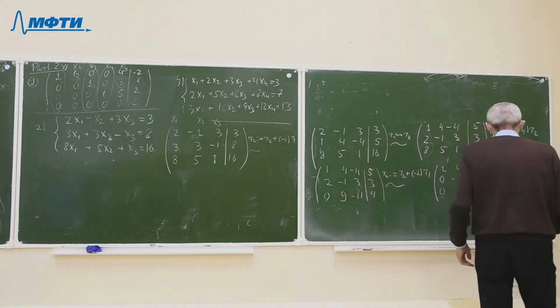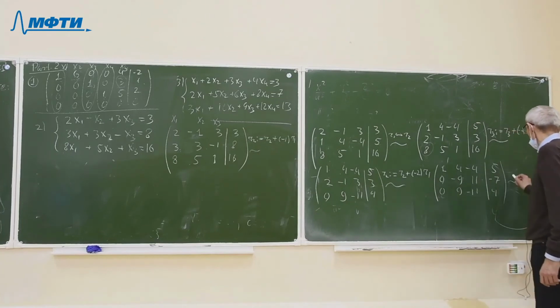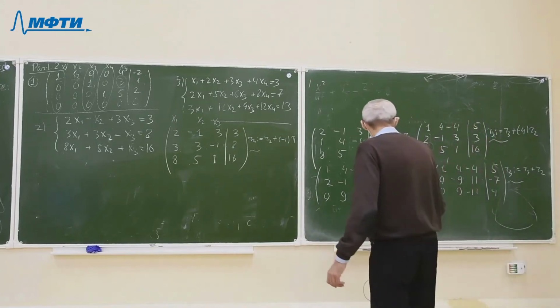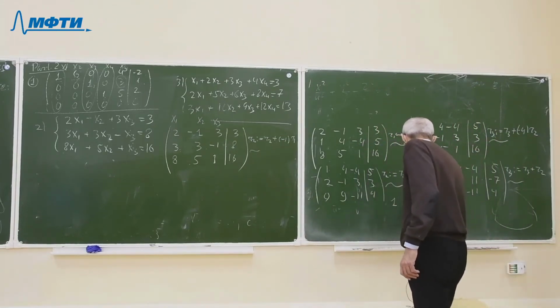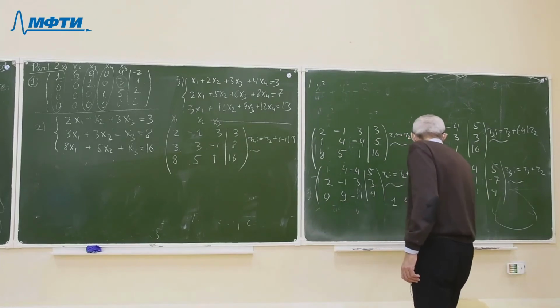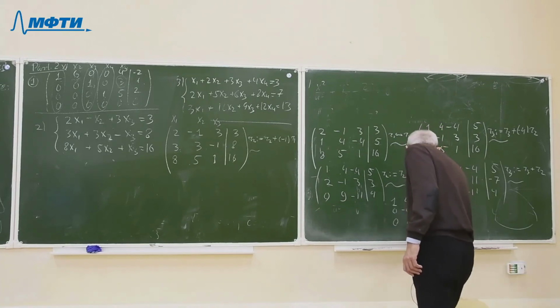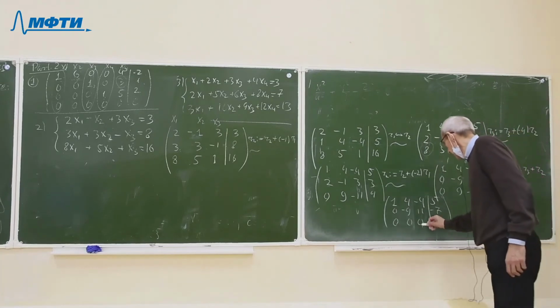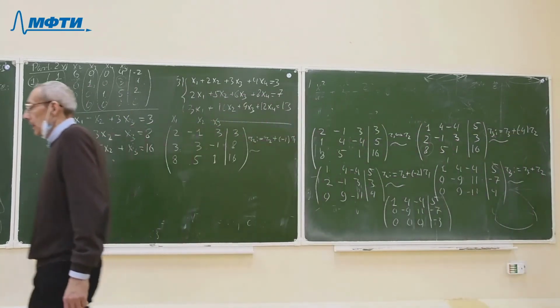Okay, and the last step, to add to the third row the second: R3 plus R2, and we obtain the following. What does the final matrix mean?